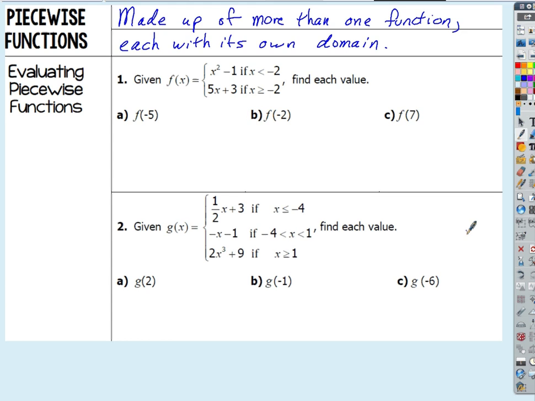So when you have a piecewise function, the way we write it, we write f of x equals, and then we're just going to do only the left part of a curly bracket. And that's kind of our code in math to mean that there's going to be more than one piece to this function. And then each row to the right of that symbol, we have one row for each piece of the function.